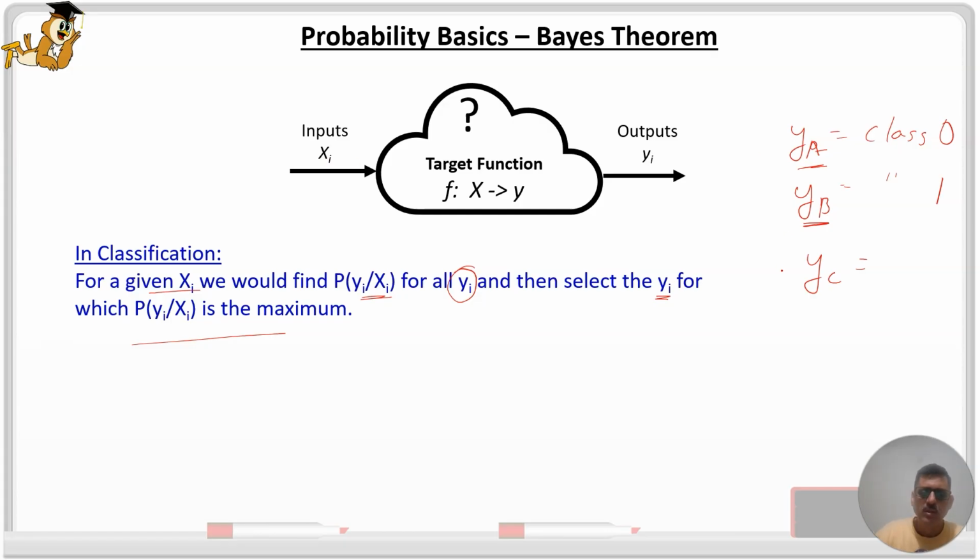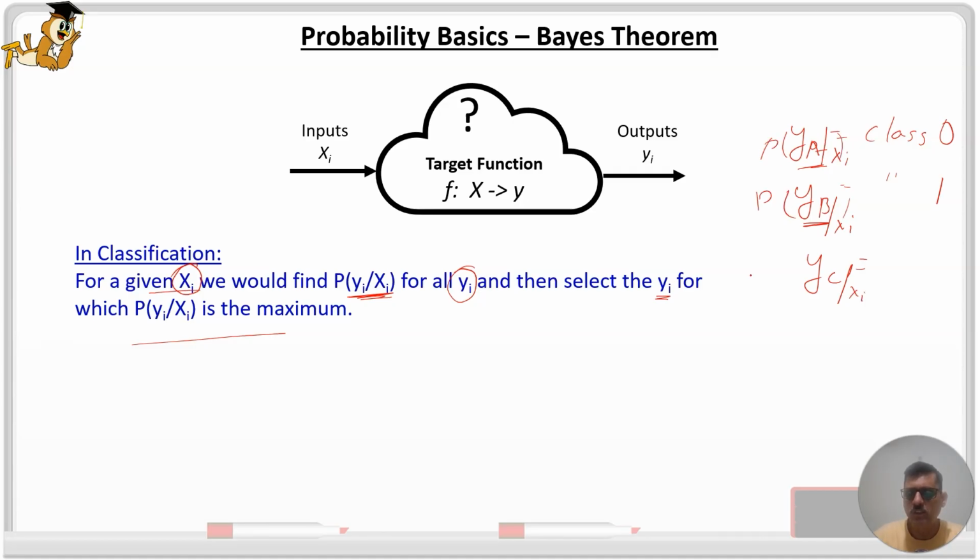Now, if you were doing this classification with output classes A, B and C, what would you do? For a given xi, you would find the probability of ya given xi, yb given xi and yc given xi. You would want to find all of these probabilities.